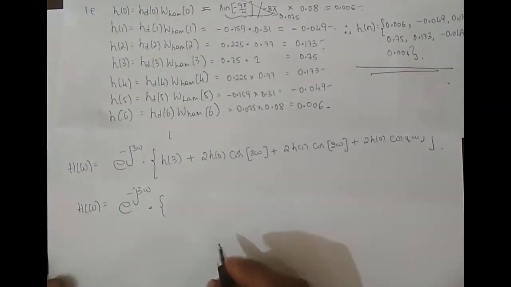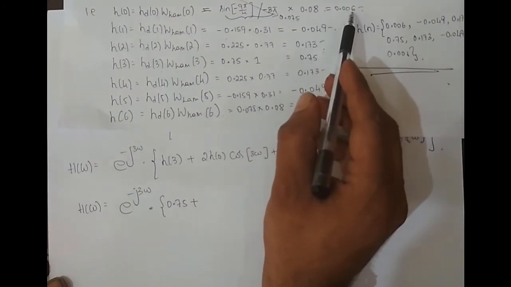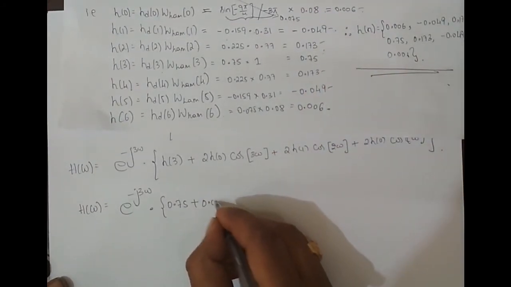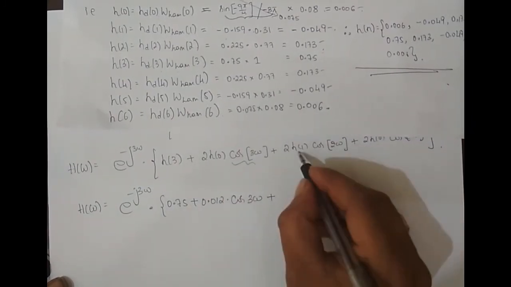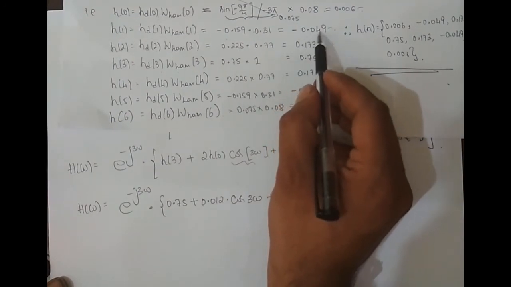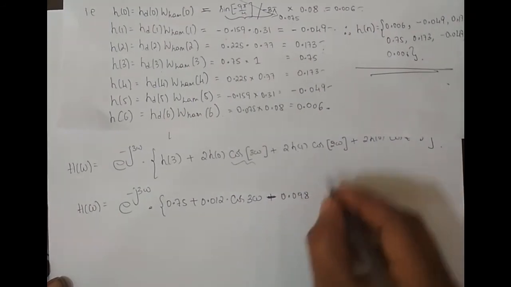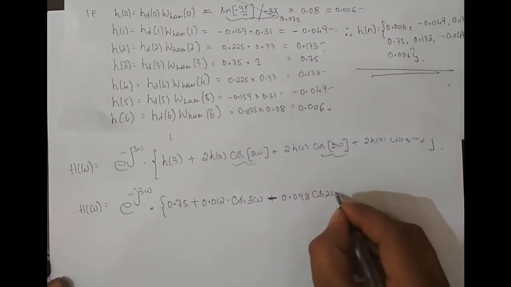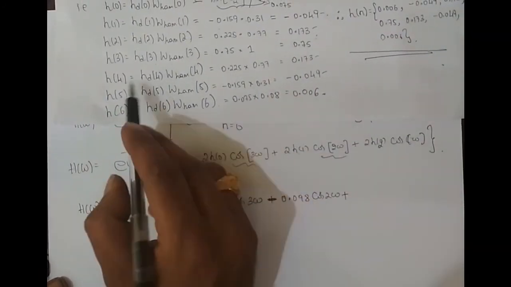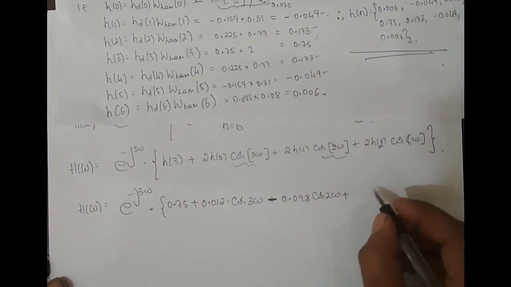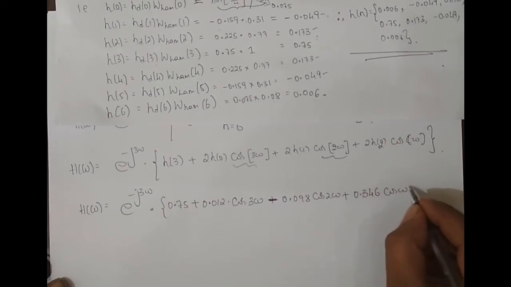So it is 0.75 plus 2 times h of 0, 2 times 0.006, we get 0.012 cos of 3 omega, plus 2 times h of 1, h of 1 is minus 0.049, so we get minus 0.098 cos of 2 omega, plus 2 times h of 2, 2 is 0.173, so we get 0.346 into cos of omega.